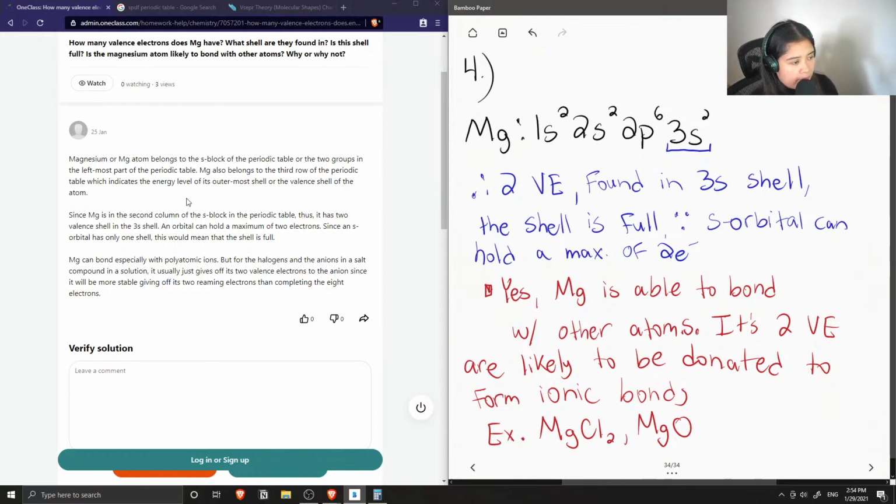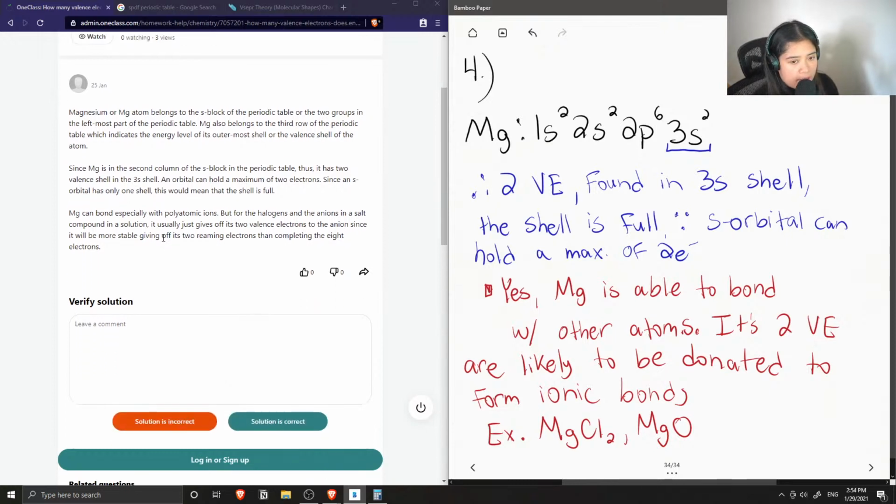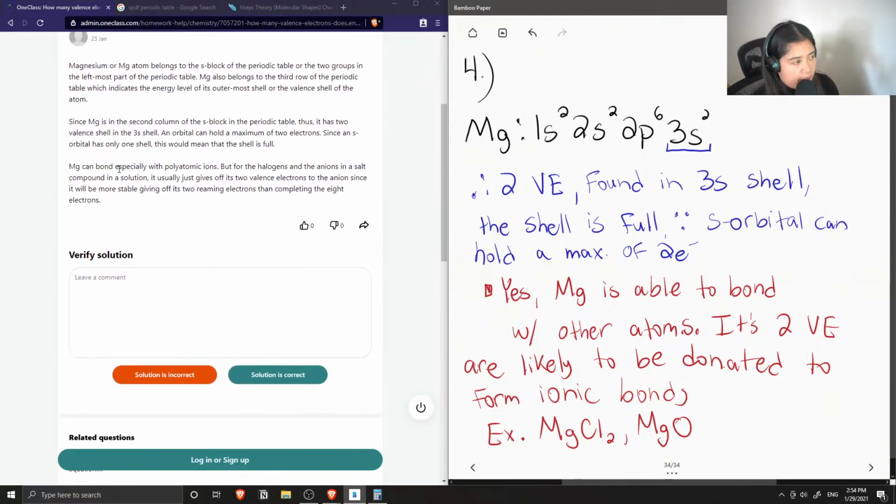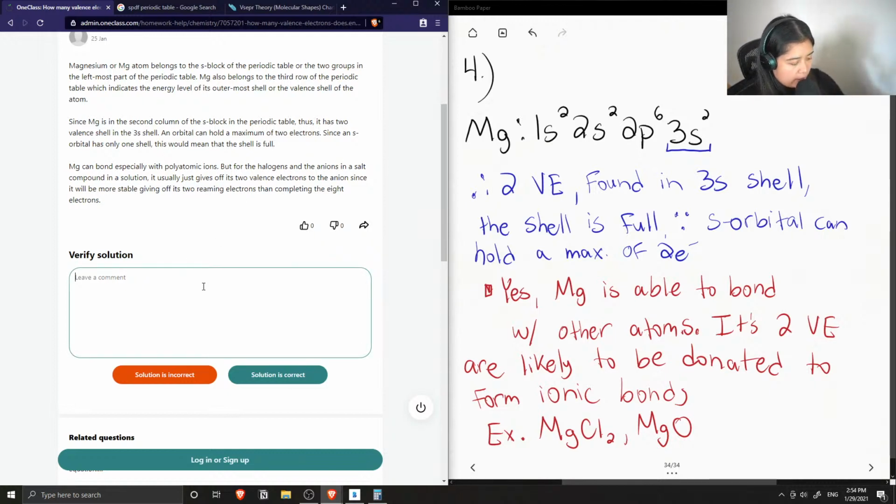An orbital can hold a max of 2 electrons, and since an s orbital only has one shell, this means that the shell is full. Magnesium can bond especially with polyatomic ions, but for the halogens and the anions in a salt compound in a solution, it usually just gives off its 2 electrons to the anion, since it will be more stable giving off its 2 remaining electrons than completing the 8 for the octet. Yep, so this solution is correct.